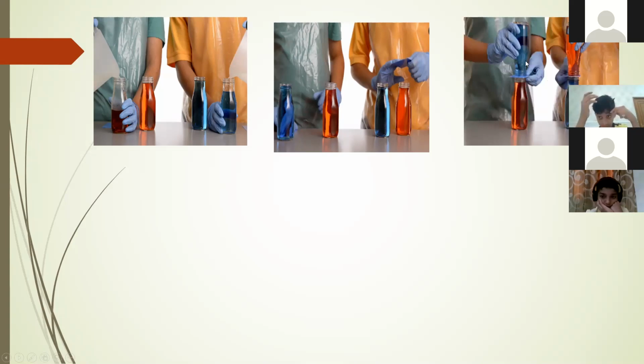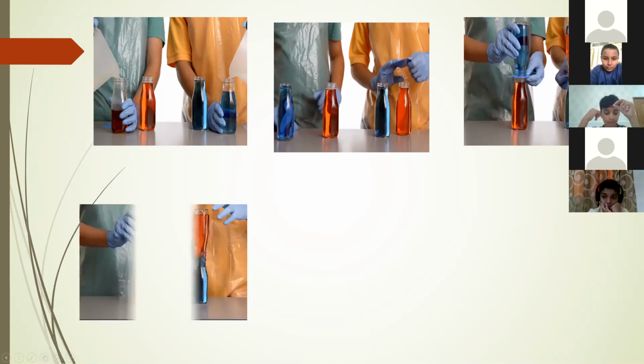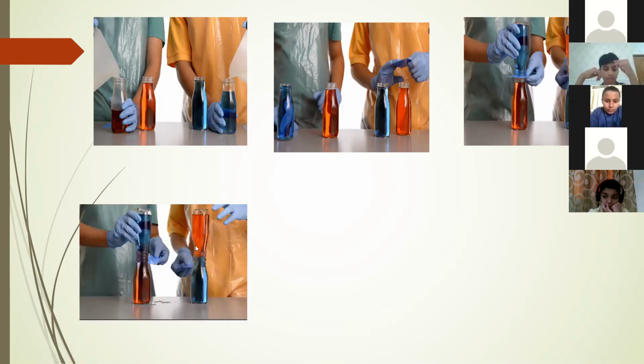You see that the first student is placing the cold water over the warm water, and the second student is placing the warm water over the cold water. So they want to see what is going to happen. You have to remove this cardboard so that the water can mix together, okay?